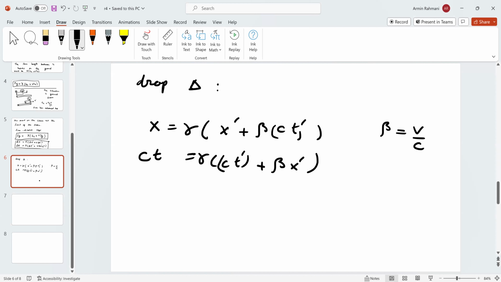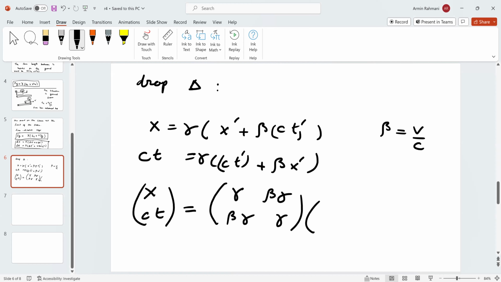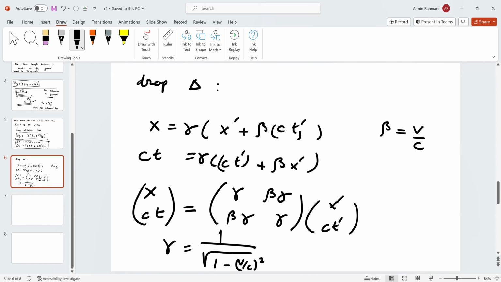And again, it's nice to also write this in a matrix form. I write gamma, beta gamma; beta gamma, gamma; acting on x prime, ct prime. Gamma, again, is this factor that's ubiquitous in relativity. With that definition of beta, it's 1 over the square root of 1 minus beta squared.